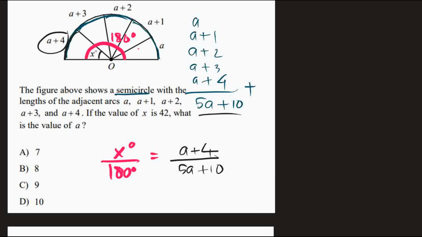Now it says that the value of x is 42, so we write x is 42 over 180.